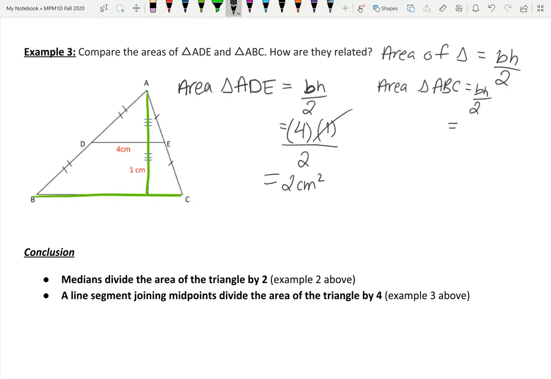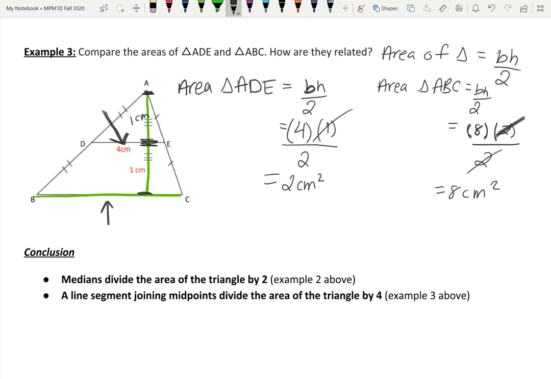Okay, so now remember BC, this side length is double DE. So that would be 8. And then the height would be, well, from here to here is 1 centimeter, and then from here to here is another 1 centimeter. So the total is 2 centimeters. And these two 2's would cancel out. So 8 centimeters squared.